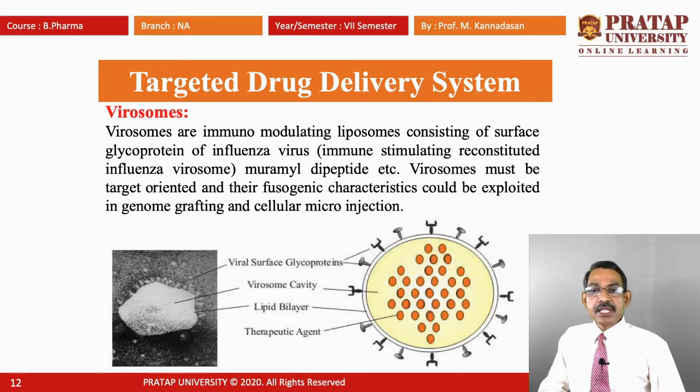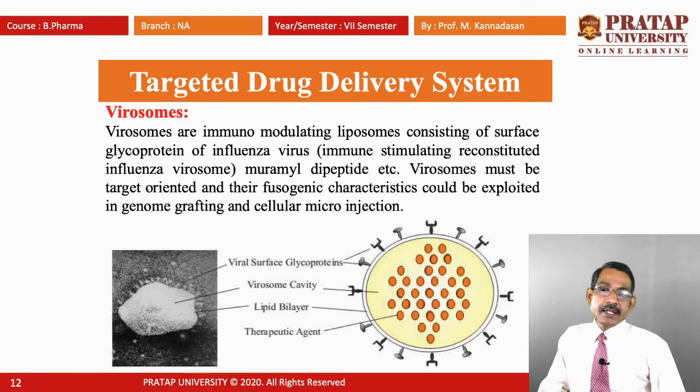Here we are using the glycoproteins of the influenza virus, an immune stimulating reconstituted influenza virosome, with muramyl dipeptide materials. Virosomes must be targeted and oriented, and their fusogenic characteristics can be exploited in genome grafting and cellular microinjections.